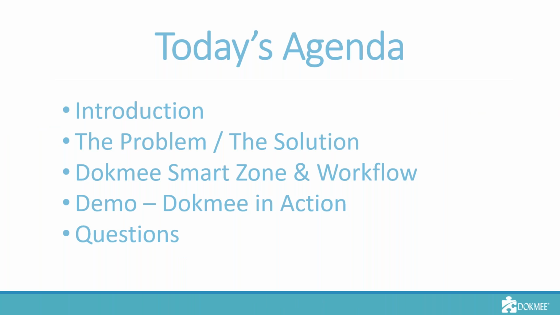First, let's talk about the agenda for today real quick. We're going to look at what we're going to cover in the webinar. First, the introduction, we've pretty much already taken care of that. Next, we're going to look at the problem with today's AP processes, the causes, and more importantly, what is the solution? Today, I'm going to show you how Dokmee automates an AP process, and I'm going to give you an overview of two things that you'll see in the demo, smart zone recognition or automatic zone recognition, and the workflow process.